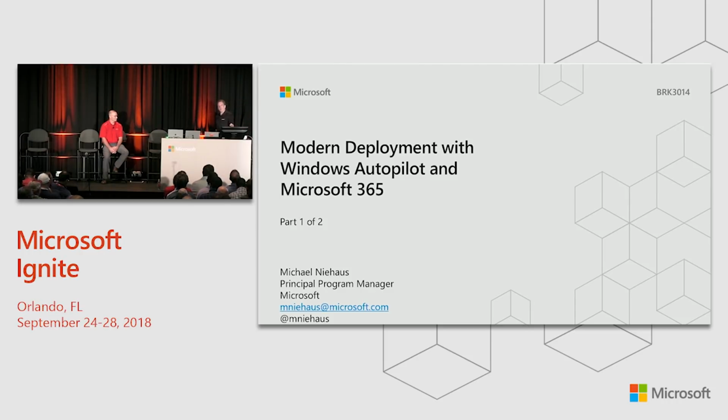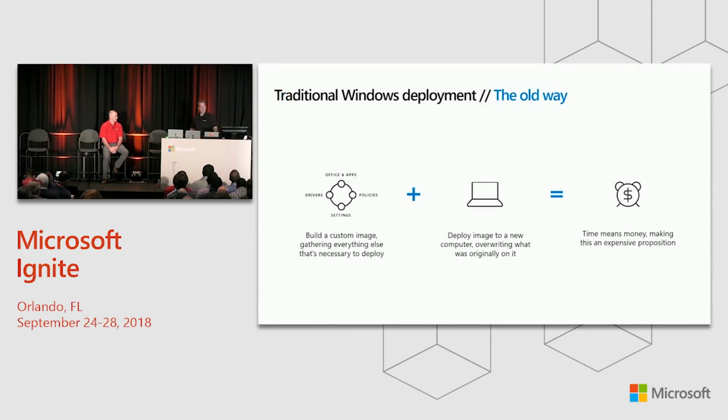We should start out, for those of you who weren't in the session last year, with the general positioning and overview. Autopilot is all about trying to come up with solutions for problems that you may not even think of as problems. The old way of deploying machines is costly.